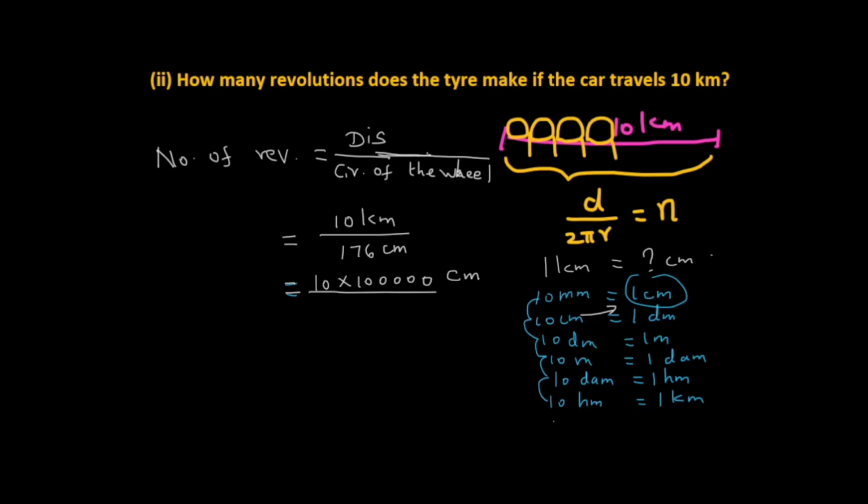So 1 kilometer is equal to 1 lakh centimeters. So we are multiplying that with 1 lakh.